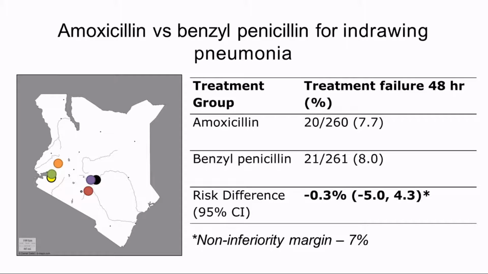And the upper bound of the 95% confidence interval for the risk difference of 4.3% fell within our pre-specified non-inferiority margin, suggesting that amoxicillin was no worse than benzyl penicillin for this population of children.